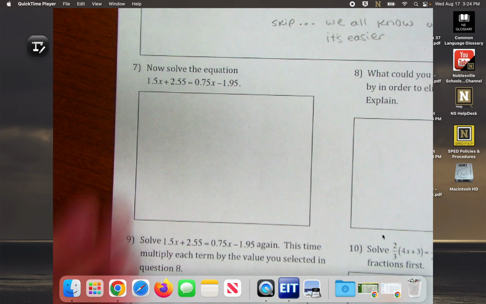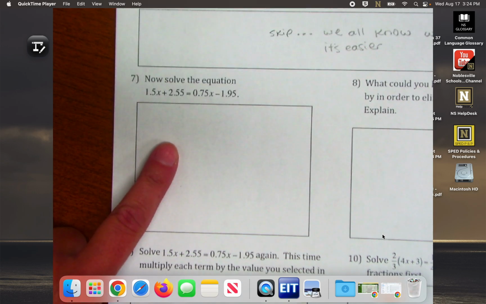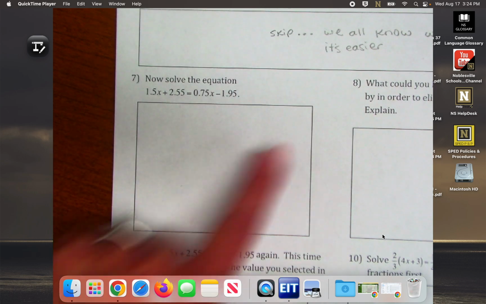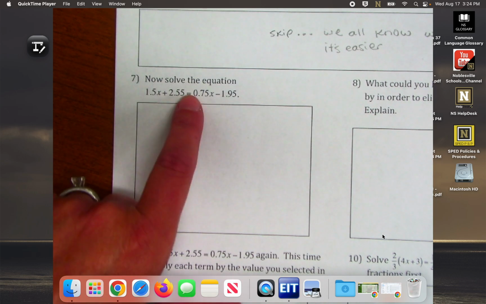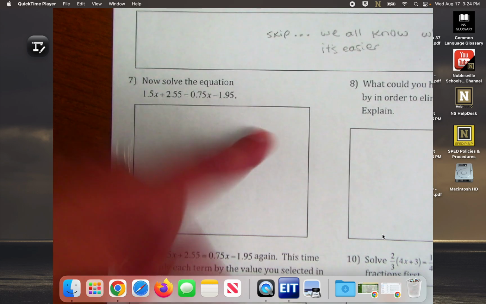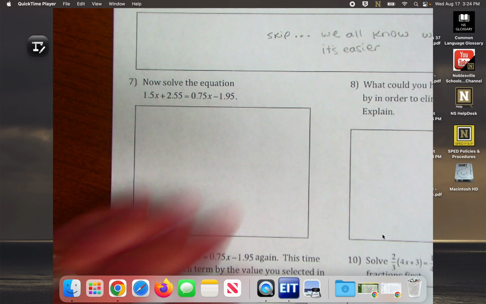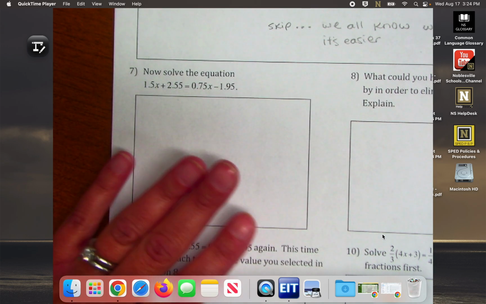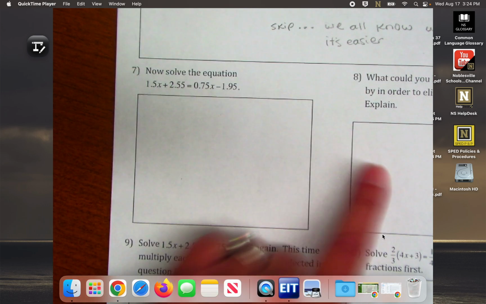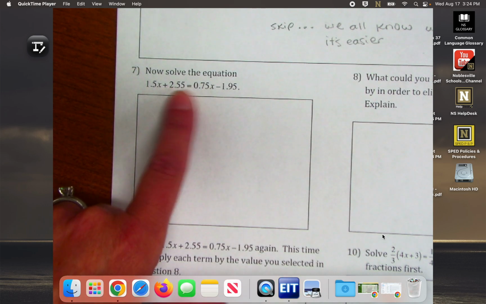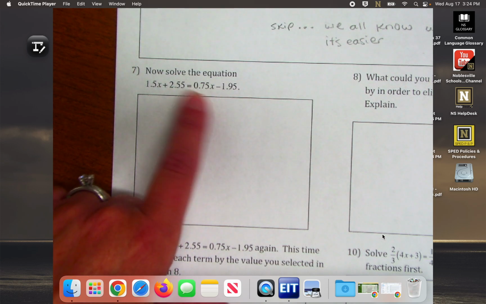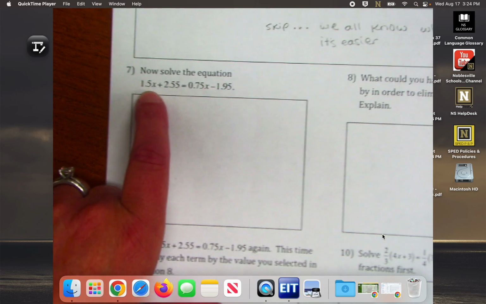Okay. So right here we have an equation with decimals. Now, these are terminating decimals. You could keep them and do the whole problem with decimals if you wanted to, or you can clear the decimals by multiplying each of these values by a multiple of 10, right?